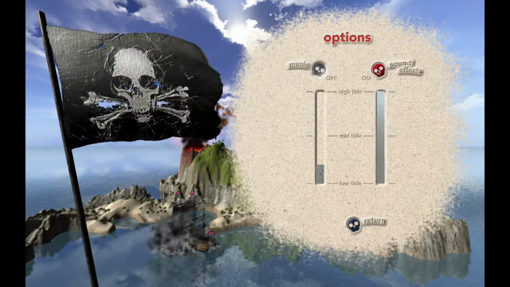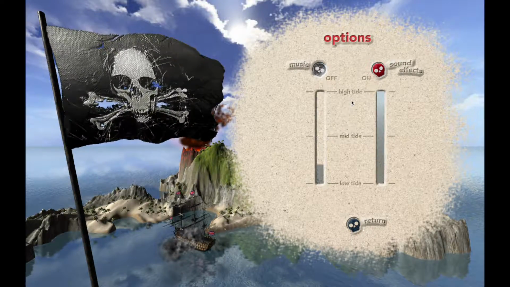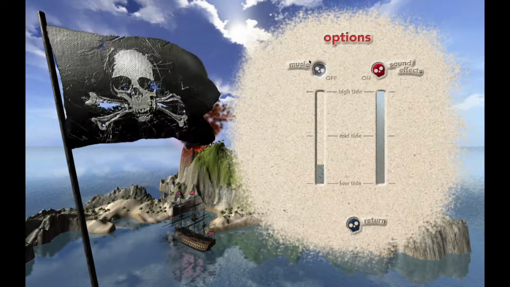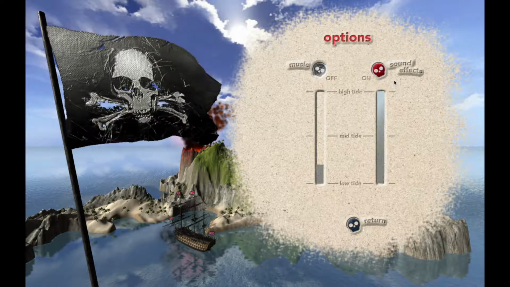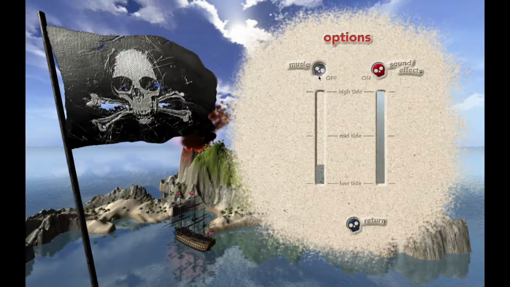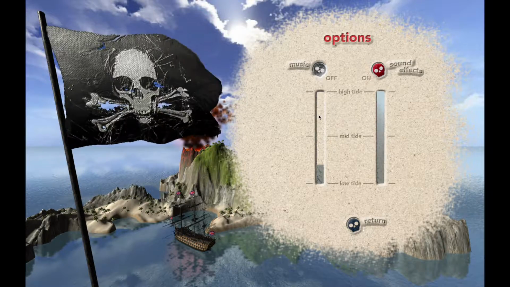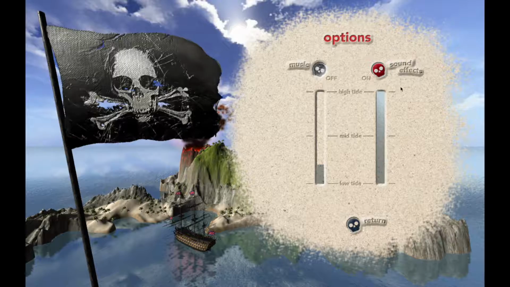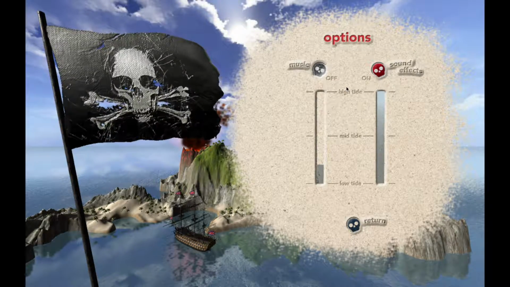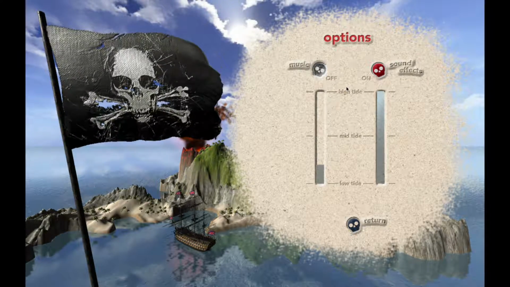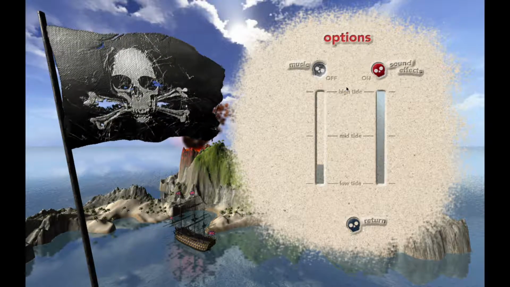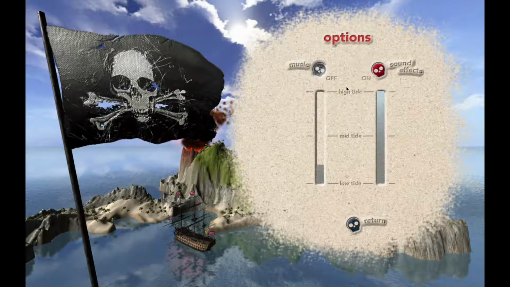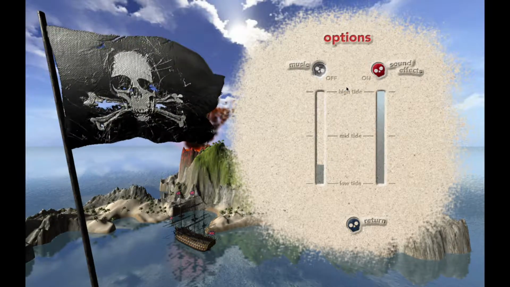Okay, so the thing that I discovered last week is that I was working on the functionality of these option buttons, and the music turning on and off and the raising and lowering of the volume, also with the sound effects, is all controlled by a script from something called Mobile Menu Kit, which is what I'm using, all based on scripting.